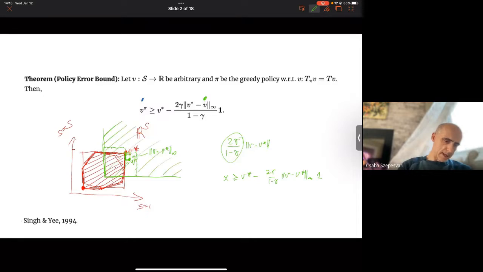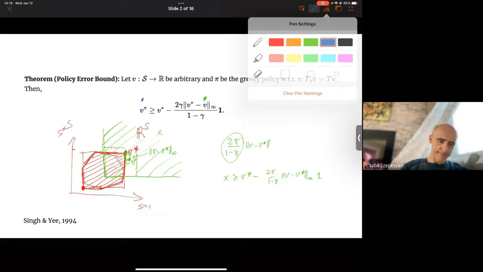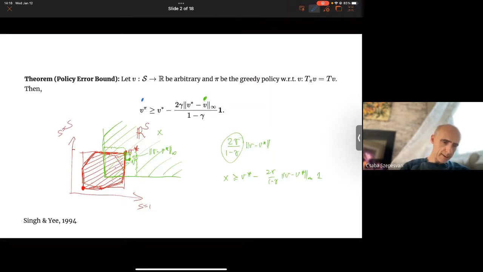And we can conclude that for the policy which is greedy with respect to this value function, the value function of it lives in this space. Since it also lives in the polytope, it has to be part of this set. So it has to be here. This is what geometrically this theorem is saying.